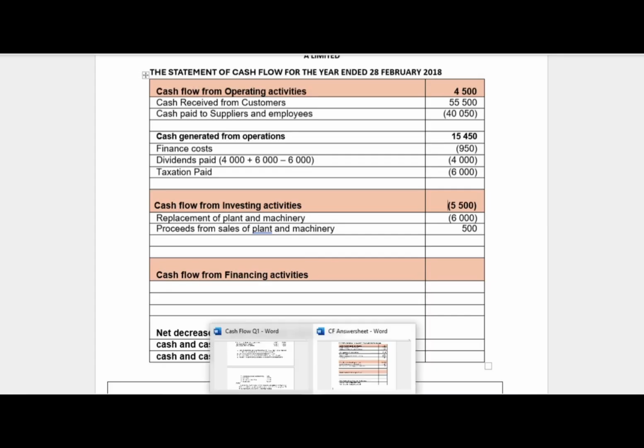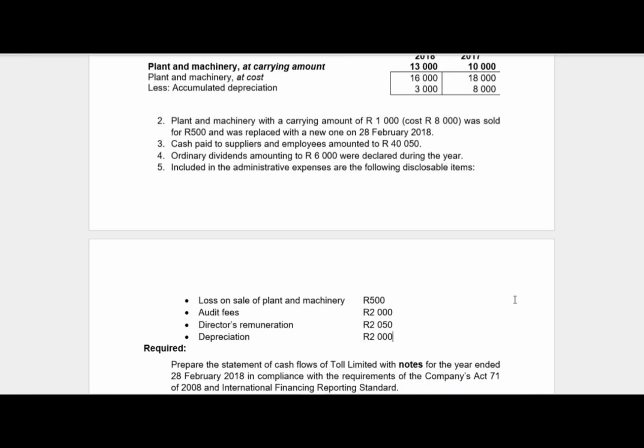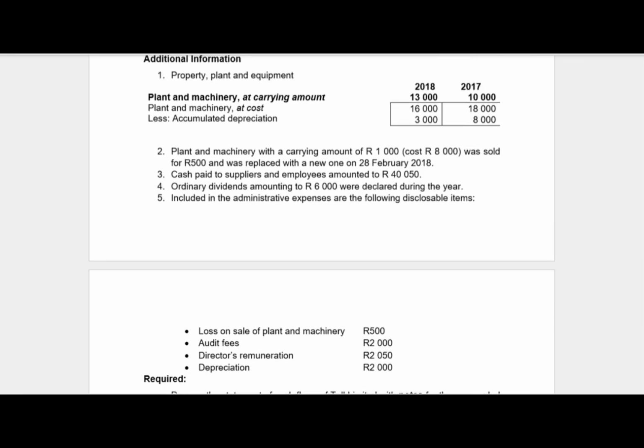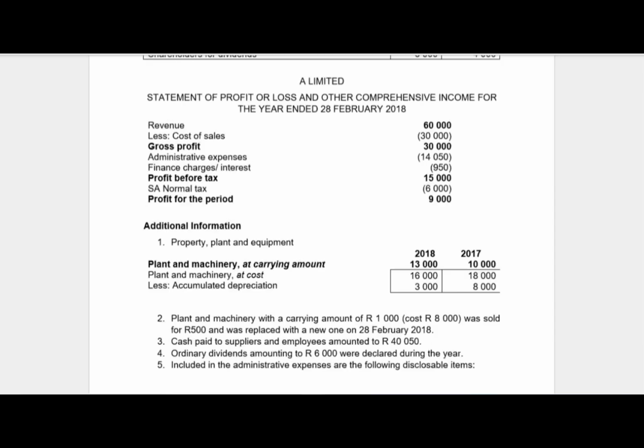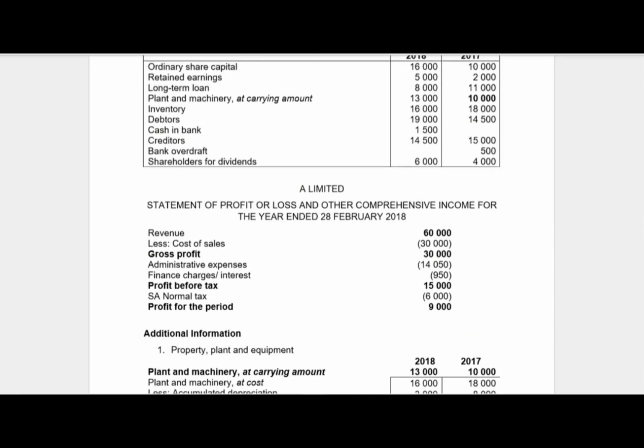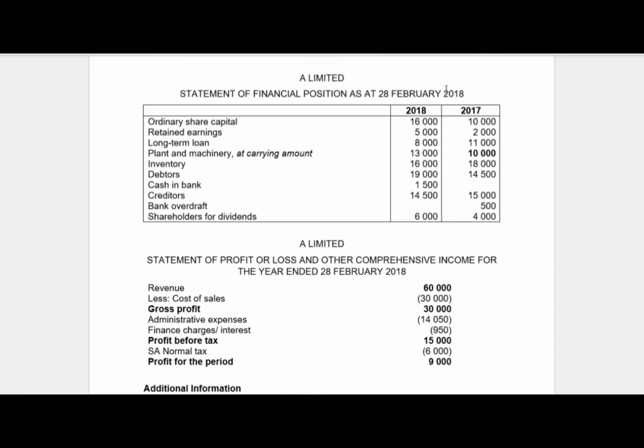Let's go to our question. Our shares, there's no additional information about shares here. So we are going to the statement of financial position. In the statement of financial position, we're going to look at what?